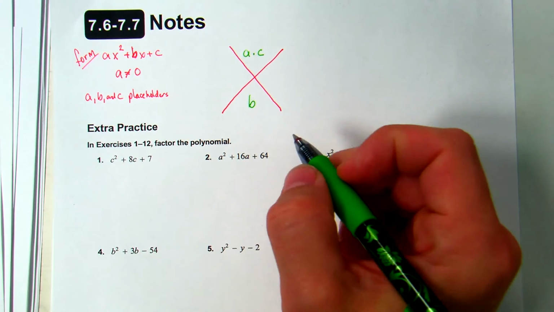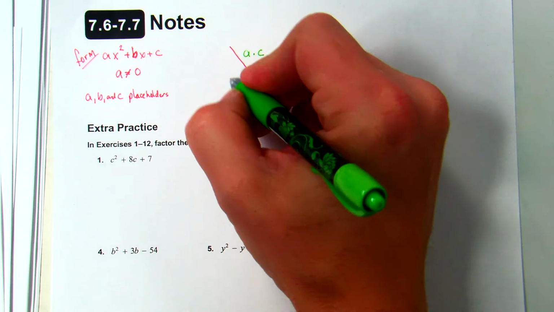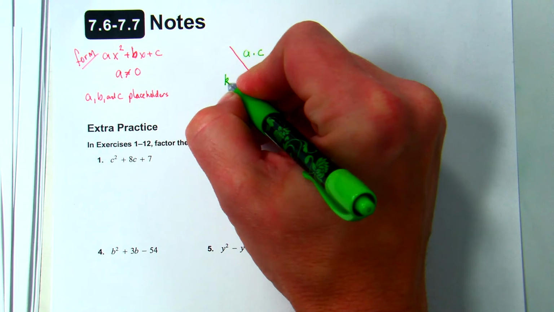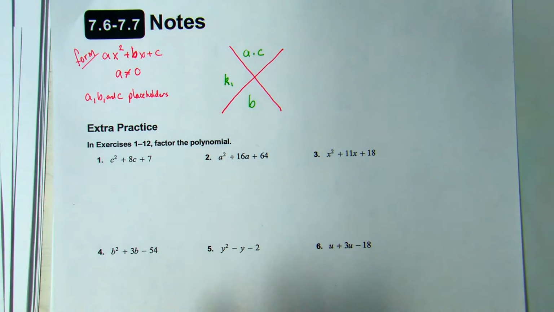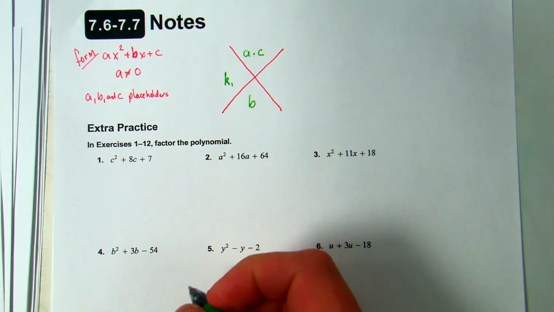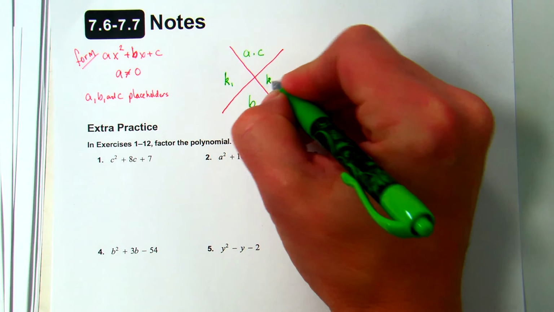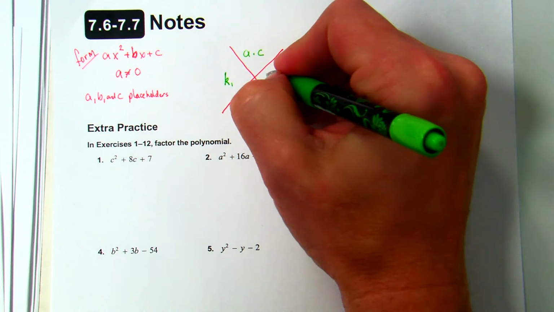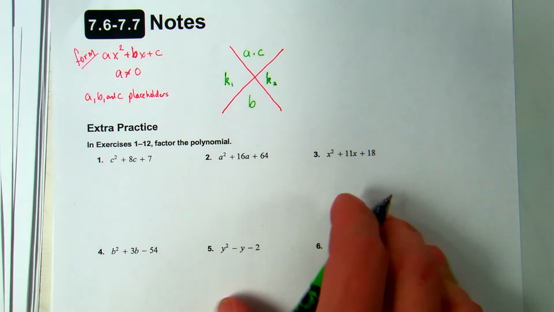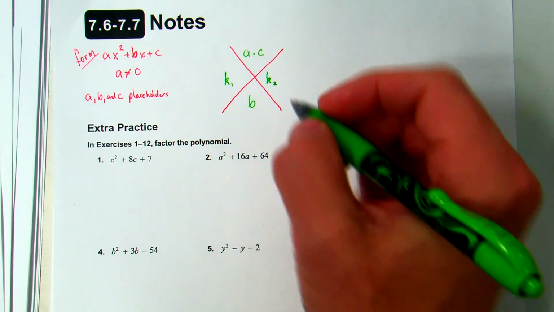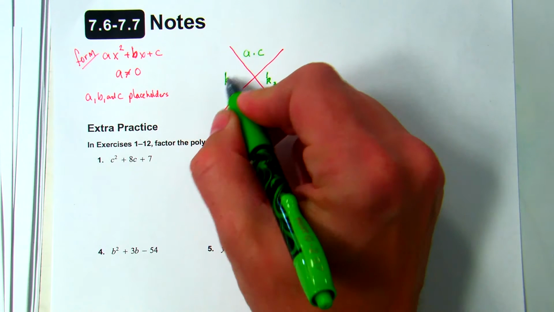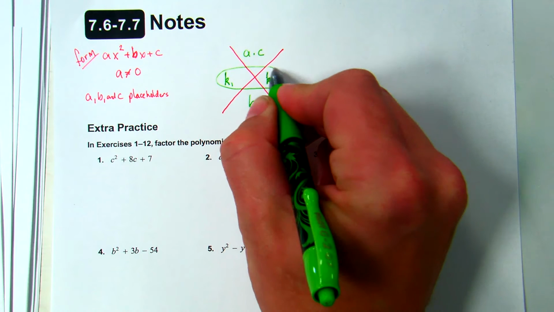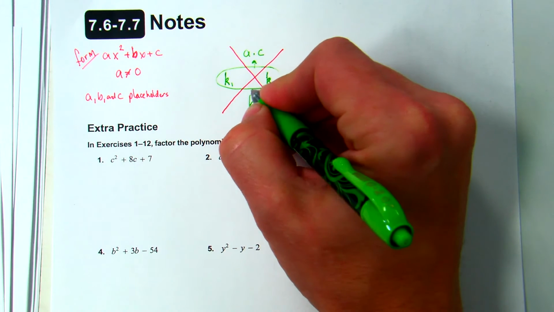And then I'm going to give you letters here for some constant. Normally in math and science, when you have some constant, they use K to represent constants. You'll probably see this in other classes as well if you haven't already. And then you'll have some other constant. We'll just call it K sub 2 there. So we have constant 1 and constant 2. What is special about this is that these two have a relationship to the top and to the bottom.